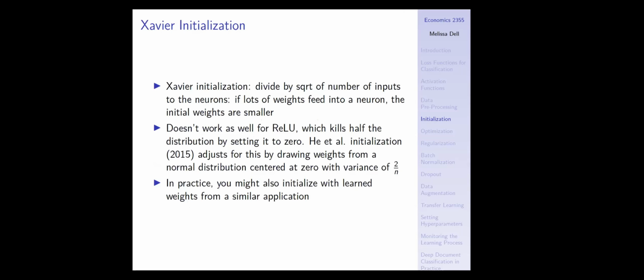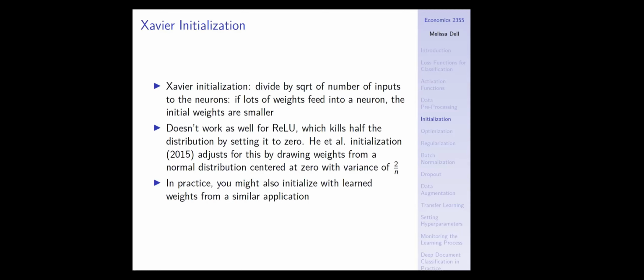There was a paper back in 2010, when people were using tanh, called Xavier Initialization. What it does is essentially you draw from a unit Gaussian, so you have mean 0 and standard deviation 1. But instead of just taking those unit Gaussian observations, which tend to be problematic, where even with a few layers your gradients will collapse to 0, what you do is divide by the square root of the number of inputs to each neuron.